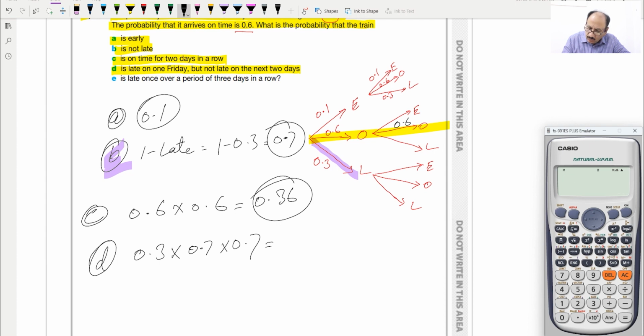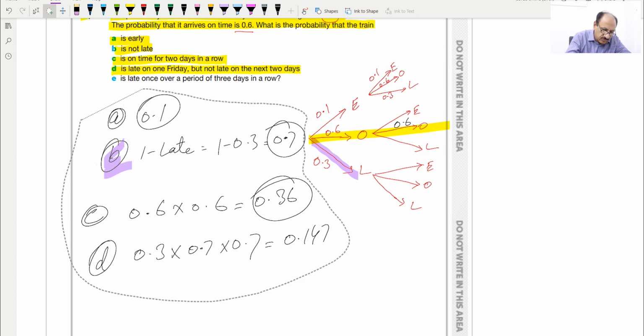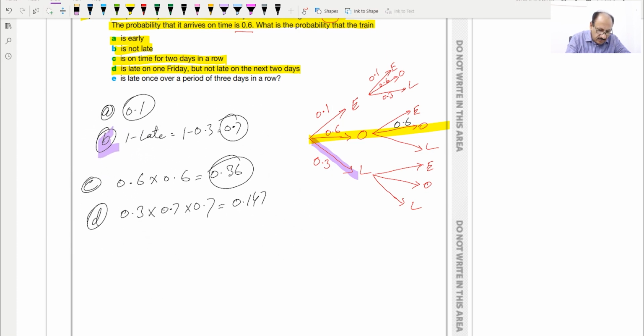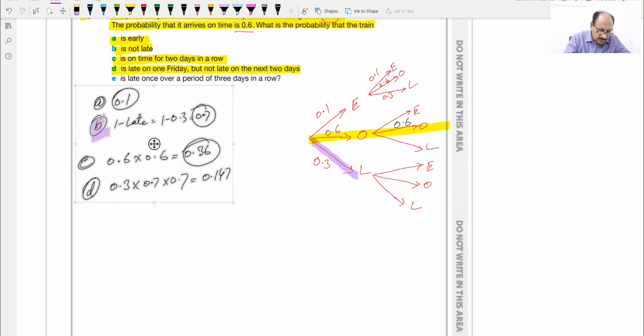It will be 0.3 into 0.7 and multiply by 0.7, and this is giving us 0.147, and this is the probability which we have calculated. Part D, I'm just adjusting the size, and this is our answer for part D.